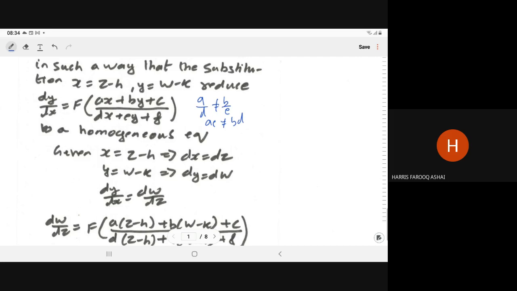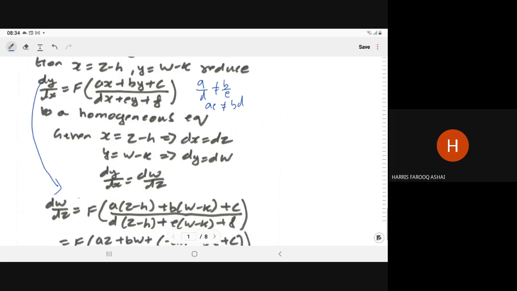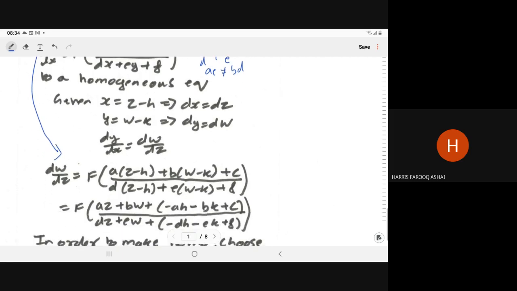So when we substitute in this equation, it will give you dw by dz is equal to f of, with x is equal to z minus h, y is equal to w minus k. So it will come a into z minus h plus b into w minus k plus c upon d into z minus h plus e into w minus k plus f.